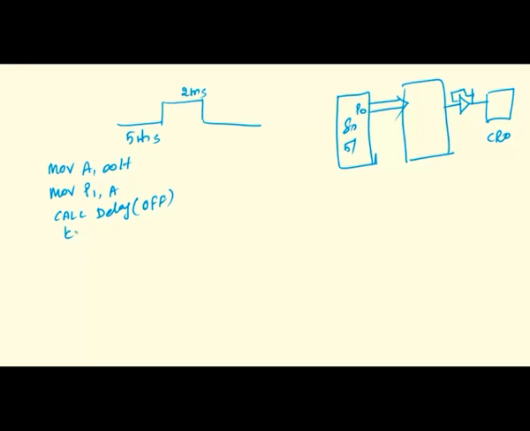Then you complement the accumulator, move to P1, then call delay, this is for the on period. Okay. Then you just repeat the process by short jump.